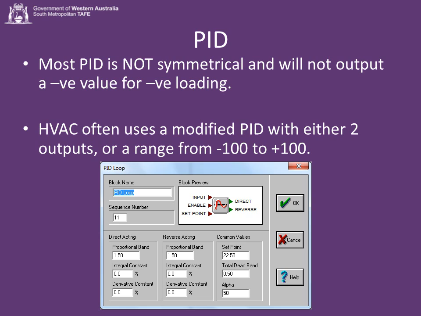HVAC PIDs are rather different than normal PIDs. They are slightly modified PIDs, which either come with two separate outputs, direct output for cooling and reverse output for heating, or they allow you to have a range which goes from minus 100 heating to plus 100 cooling.